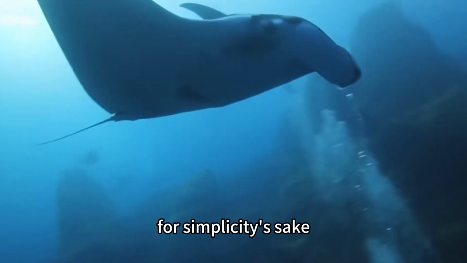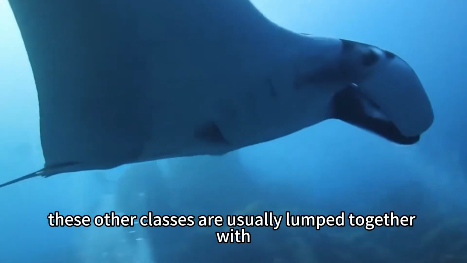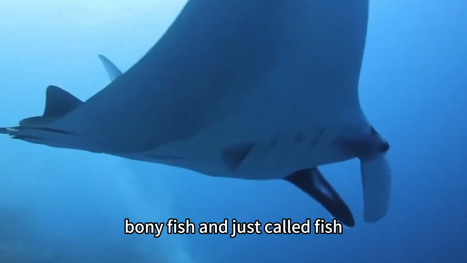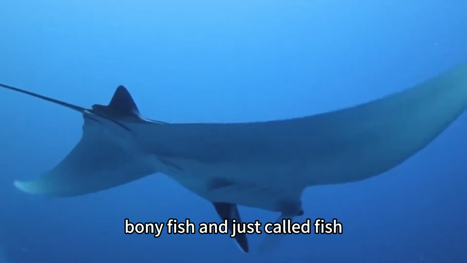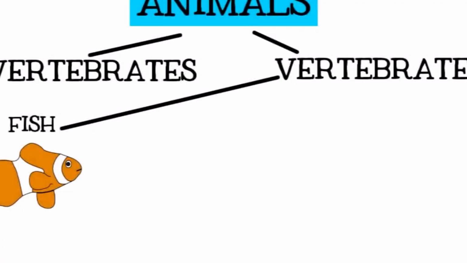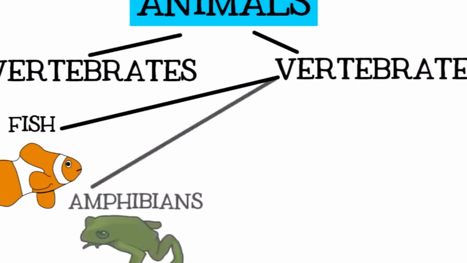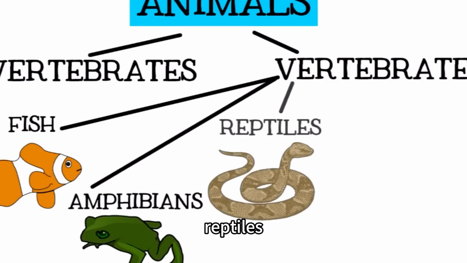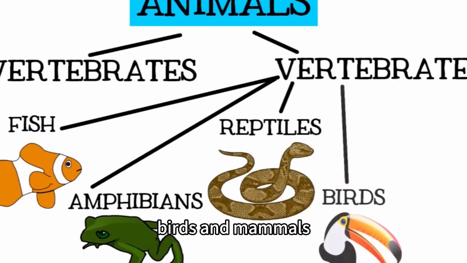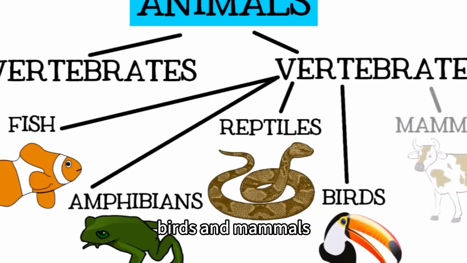For simplicity's sake, these other classes are usually lumped together with bony fish and just called fish. The four remaining classes of vertebrates will all be very familiar: amphibians, reptiles, birds, and mammals.